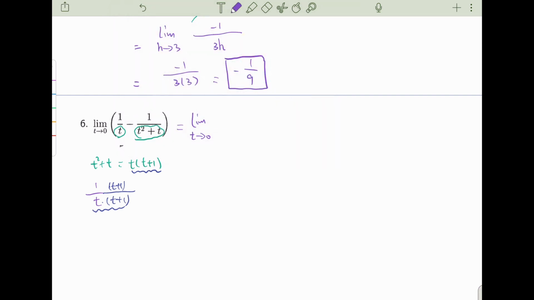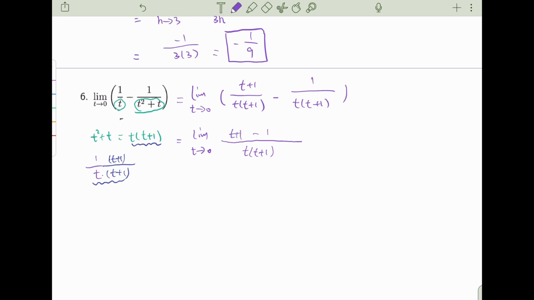Okay, so now the first fraction has been turned into t plus 1 divided by t times t plus 1, and I write my second fraction the same way, t times t plus 1. Okay, and then they have the same denominator, so I combine them. So t times t plus 1 in the bottom, and the top I have t plus 1 minus 1. Okay, and then some computation tells us that the top is t, the bottom is t times t plus 1.